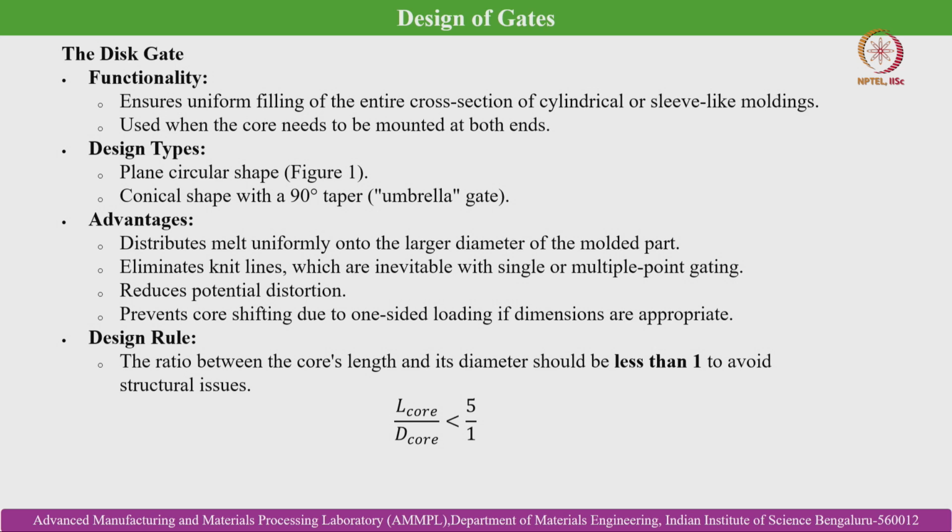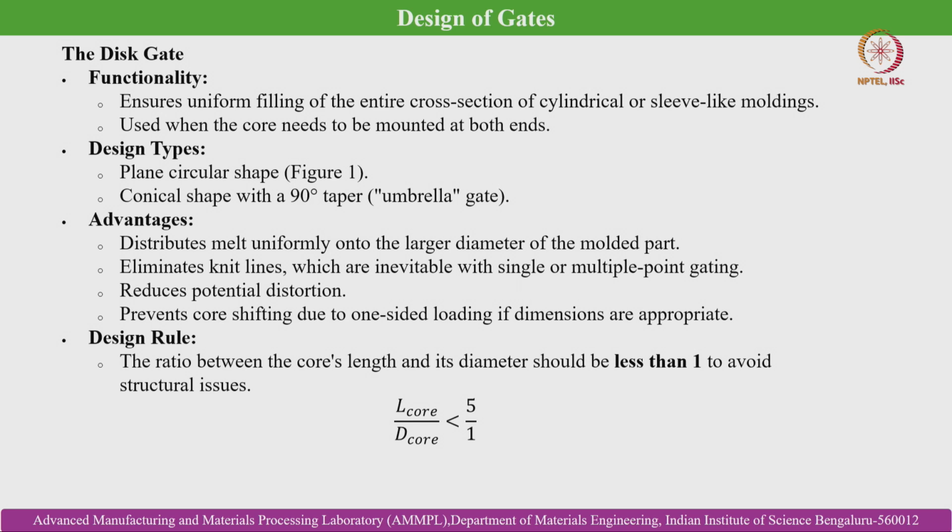So, that is what is recommended. Then, in the case of the disc gate, as we have already discussed the functionality, it ensures uniform filling of the entire cross section of cylindrical or sleeve-like moldings, and is used when the core needs to be mounted at both ends. The design type is plain circular shaped or conical shaped with a 90-degree taper. The advantages are that it distributes melt uniformly onto the larger diameter of the molded part.